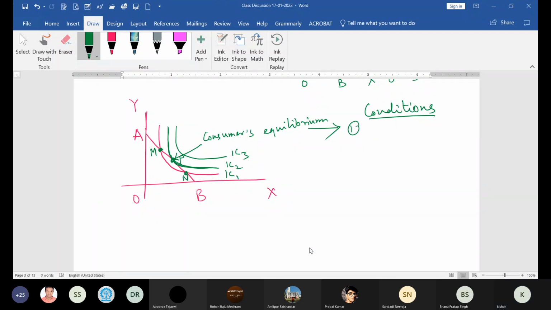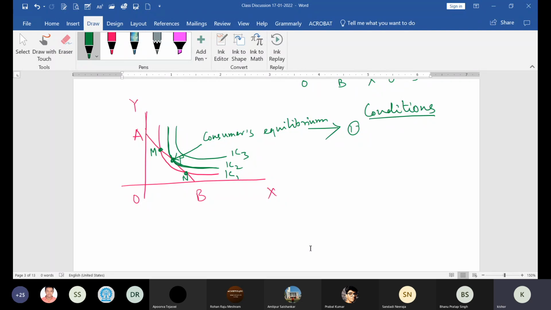The second is the second order condition or supplementary condition. To be in consumer's equilibrium, you need to fulfill these 2 conditions.